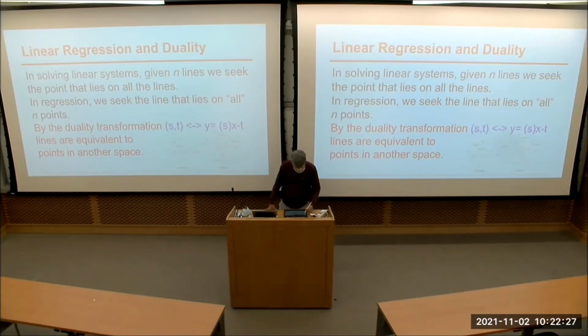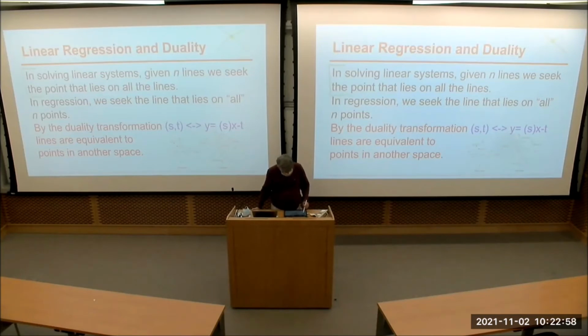You are familiar with solving systems of linear equations. You've got a bunch of different equations, and you want to find the point that is in common on all of those lines. Each equation defines a line. The solution to a linear system is the point that lies on all the lines.